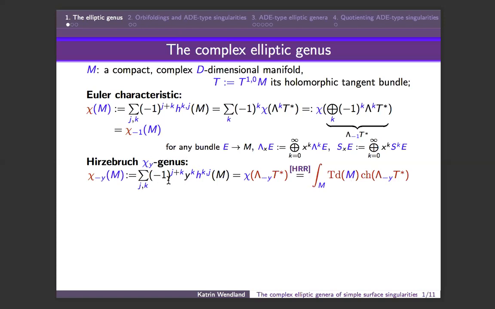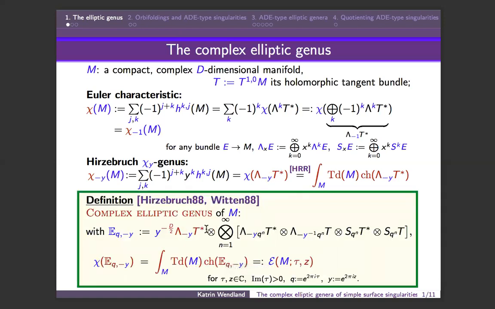In order to arrive at the complex elliptic genus, we need to refine this even further and quite dramatically by replacing this bundle by a virtual bundle that arises from this one by tensorizing by something that looks fairly complicated, namely by all this stuff. So that's a new virtual bundle, which goes back to what we started from.